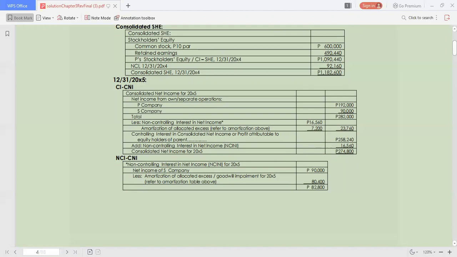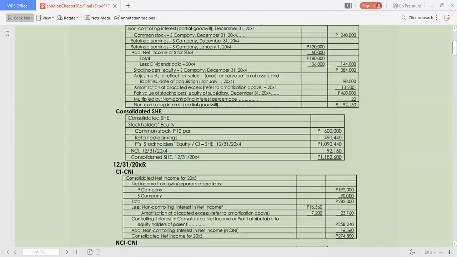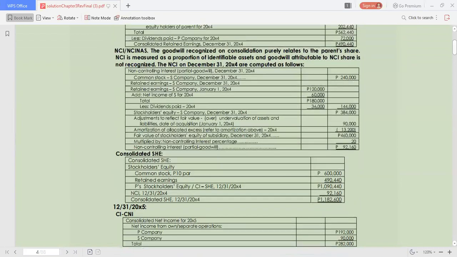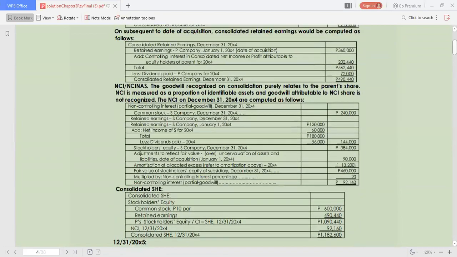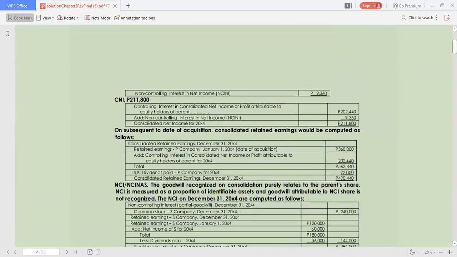The non-controlling interest in net income for 20x5, net income of S company, and the amortization of allocated excess or goodwill impairment for 20x5 refer to the amortization table above. So we have now 80,400 as computed for the amortization schedule.